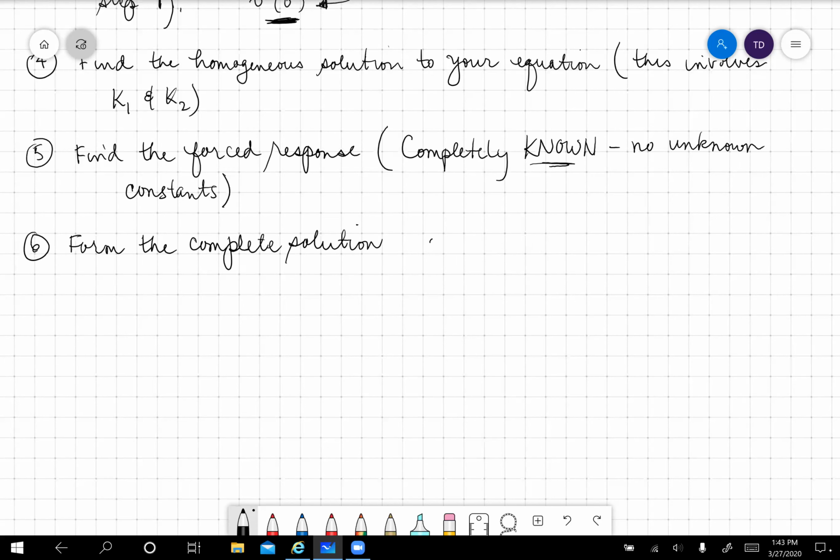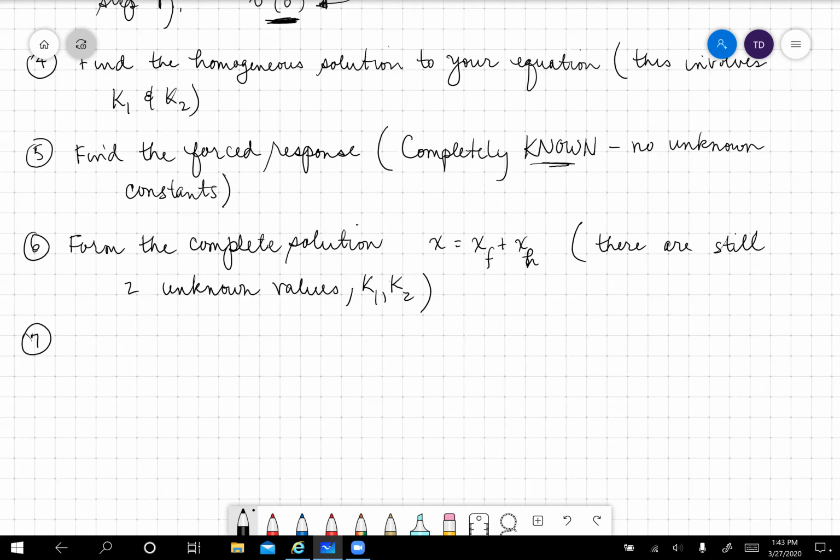And I'll write it this way: X equals XF plus XH. We know it's the sum of the homogeneous response and the forced response. So we form the complete solution. Reminder, there are still 2 unknown constants, 2 unknown values. They are K1 and K2. So we still have unknown constants.